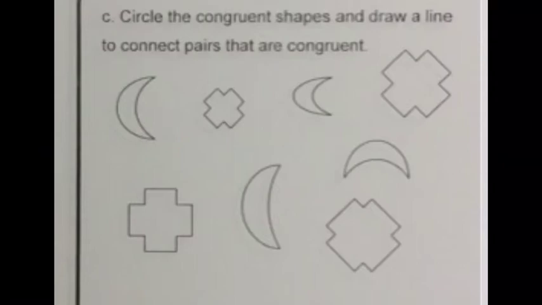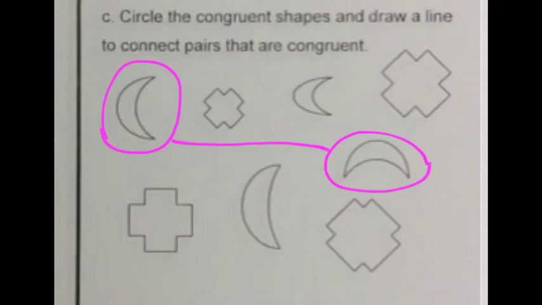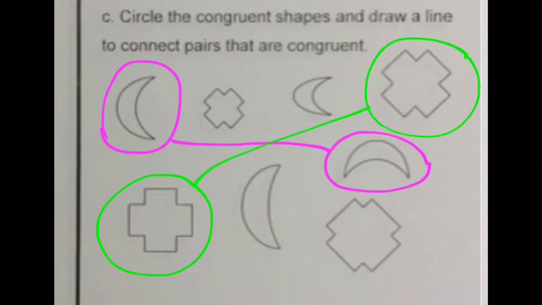Okay, your first congruent pair should have been the two crescents. Remember, they don't have to face the same direction to be congruent. They just have to be the same size and the same shape. The other one was this cross and this cross. And you should have connected those together with a line.